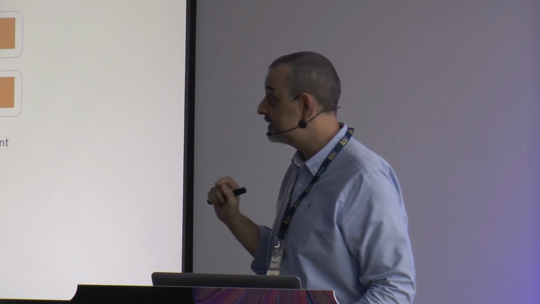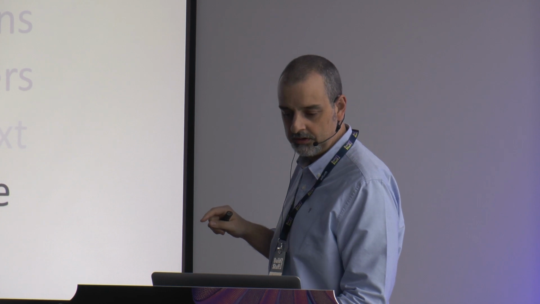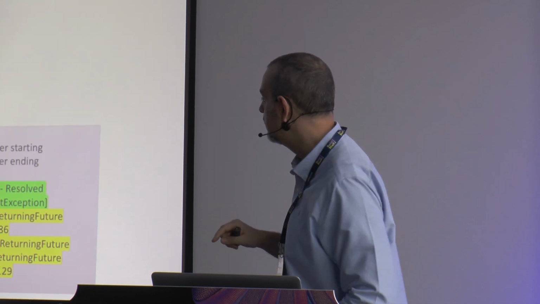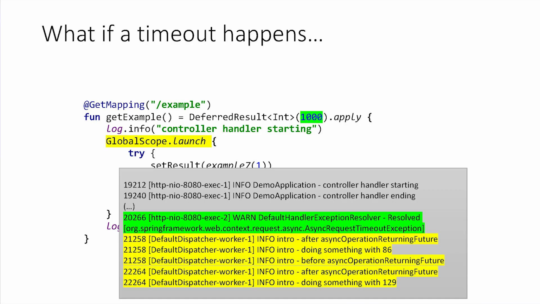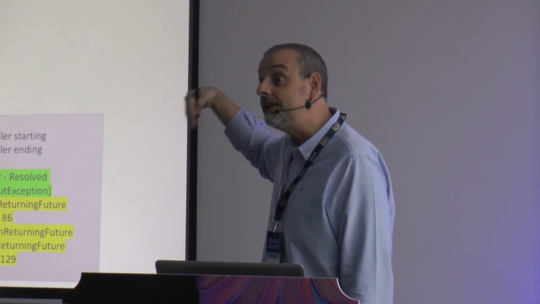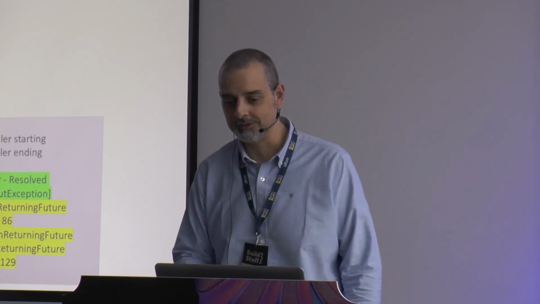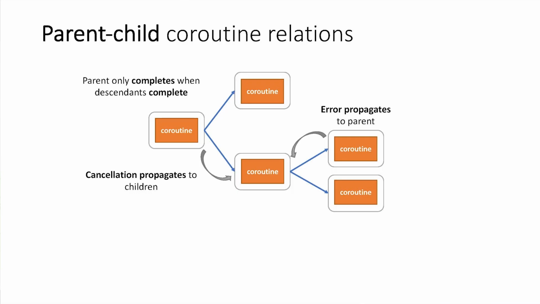I didn't mention it, but if you look into the launch, you will see that the launch was done on a global scope, which is a bad idea, because the global scope will only end when the application ends. And I want that coroutine to end when the incoming request ends. So global scope is not a good idea to have.